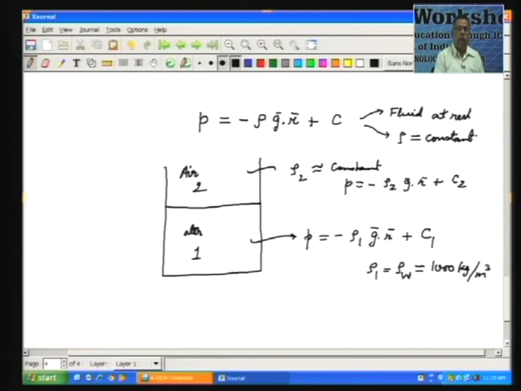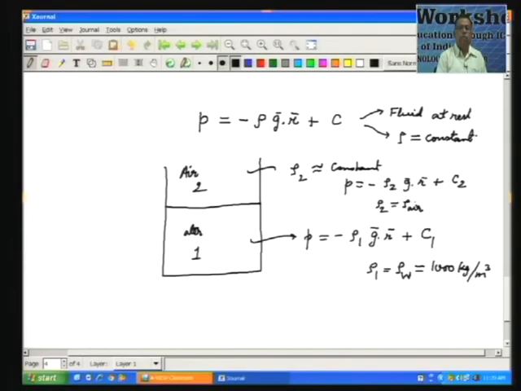Then you are going to have P is equal to minus rho 2 g dot r plus another constant. Now, rho 2 here can be taken to be the constant density of air at this temperature and pressure. So, that may be of the order of 1 kg per meter cube, or maybe at STP 1.2, 1.29, whatever it is.